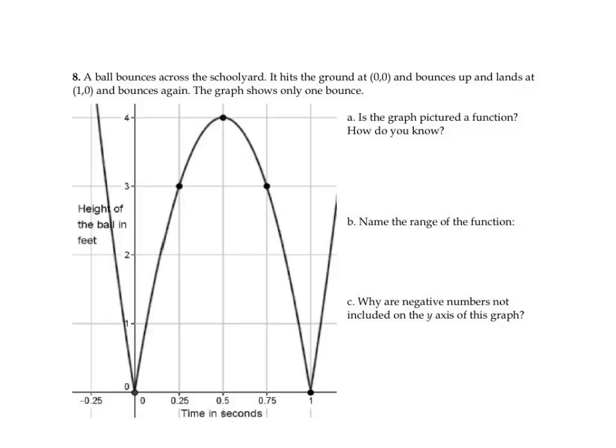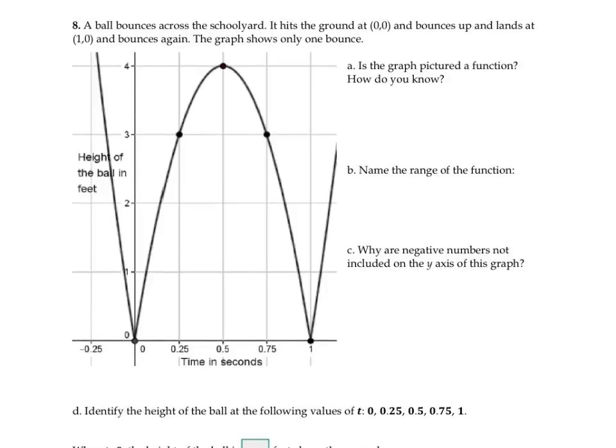So part A, we see that the question is: is the graph pictured a function? How do you know? So we can check. To be able to see if a graph's a function, we can use the vertical line test. So when we use the vertical line test, we can just draw as many vertical lines on the graph.